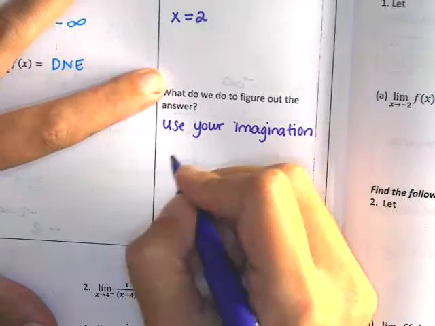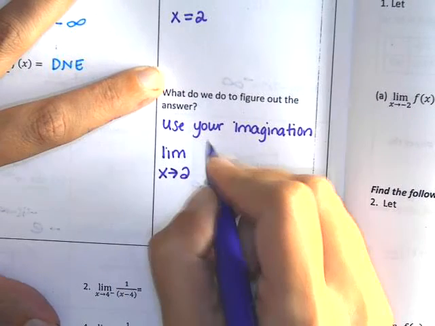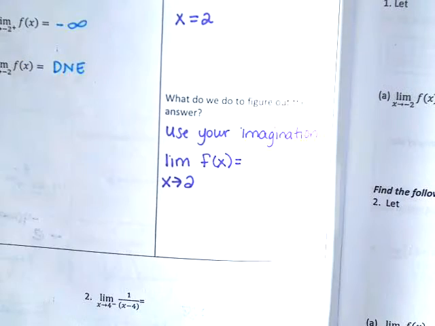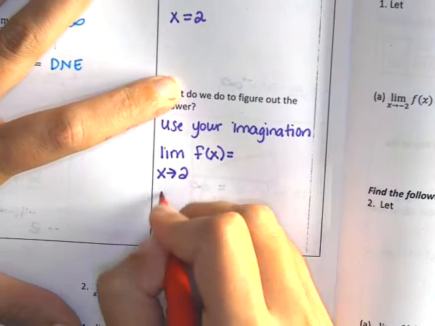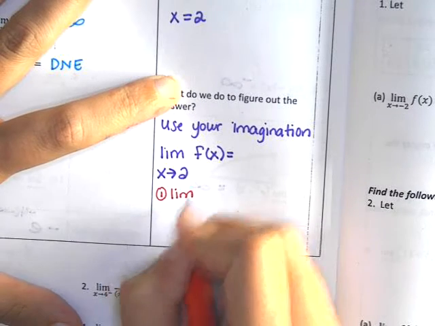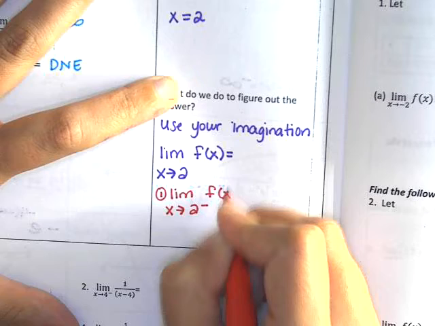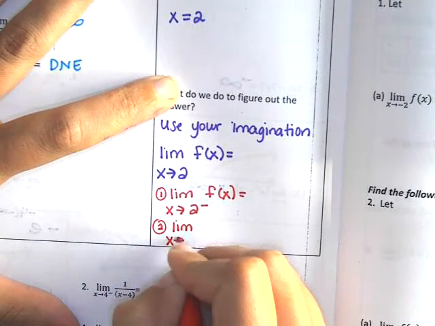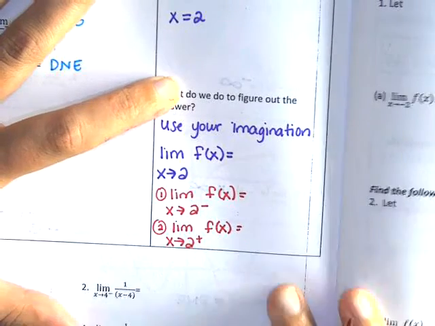Let's say that I wanted to find the limit as x approaches 2 of that same f of x function. I know from my previous experience with limits that that means I need to examine both sides. So automatically I need to think first, look at the limit as x approaches 2 from the left of that function, and then look at the limit as x approaches 2 from the right of that function and see if they match. So let's practice doing that.